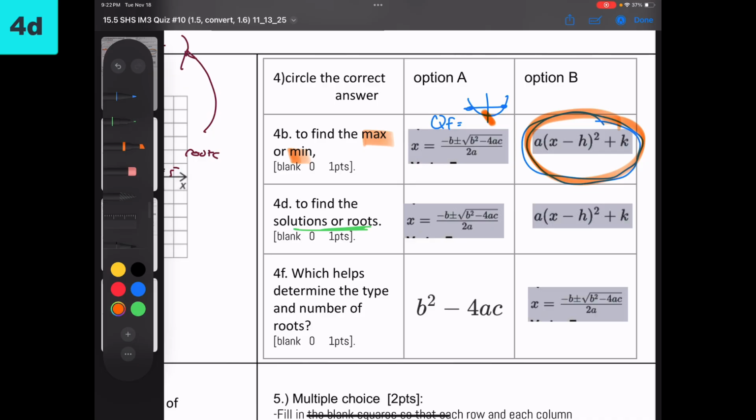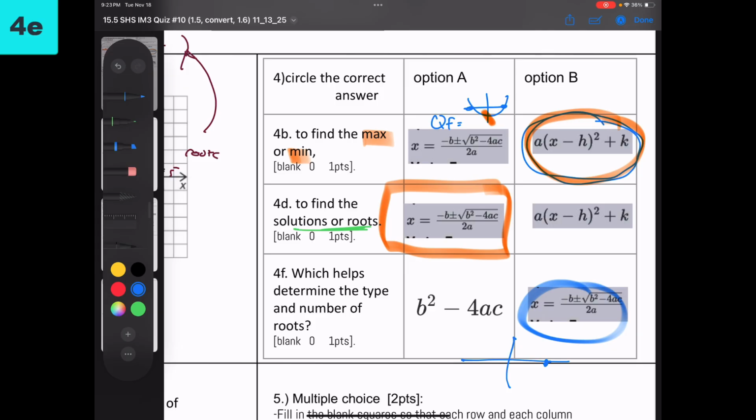So we just explained it in the previous one, which helps determine the type and number of roots. So this one will help me find, again, where it crosses the x-axis, okay? But the correct answer is this one, the discriminant.